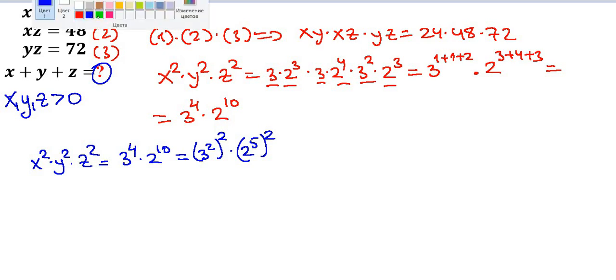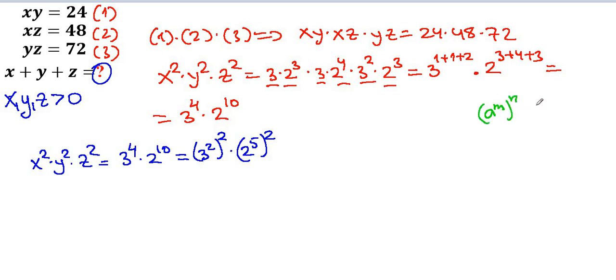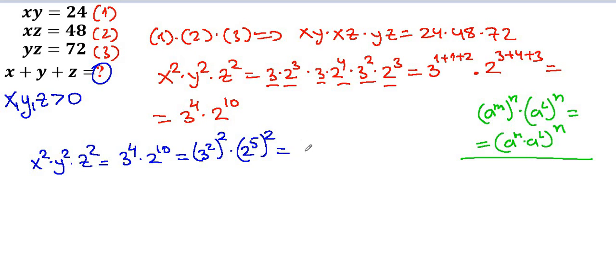And using the following formula, a to the power of m to the power of n times a to the power of l to the power of n, since the exponents are the same, we can write this as a to the power of m times a to the power of l, to the power of n. So using this formula, we can easily express the right hand side as a perfect square. This is going to be 3 squared times 2 to the power of 5, to the power of 2.